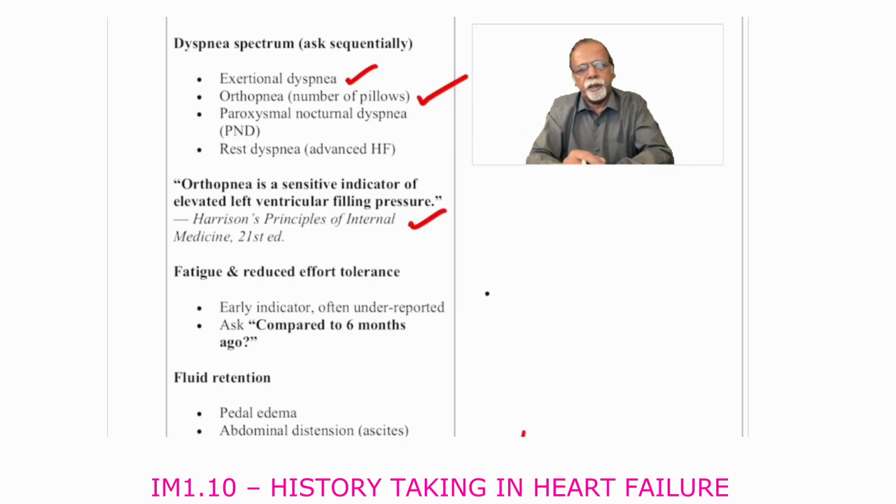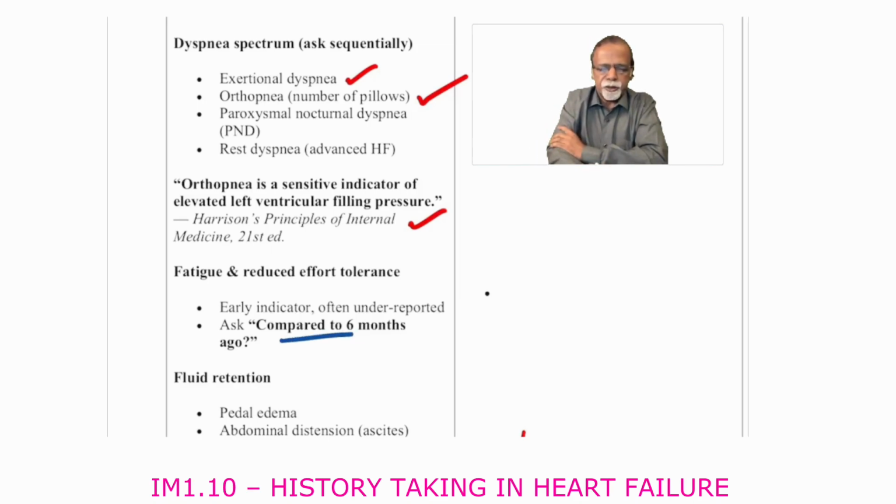Because a patient with significant effort intolerance and fatigue may not report the symptom. They may still say, I am okay. The patient might be a manual laborer who has stopped working because of breathlessness and fatigue, and now is sedentary, and only when they are symptomatic at rest do they usually report symptoms. That is why it is important to ask, compared to the last 6 months.